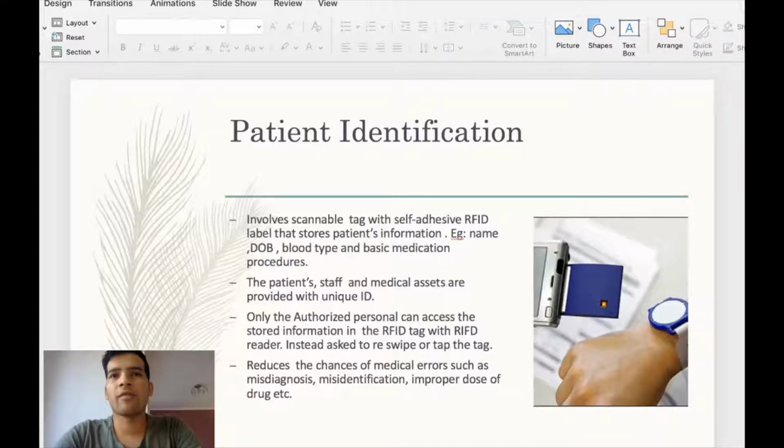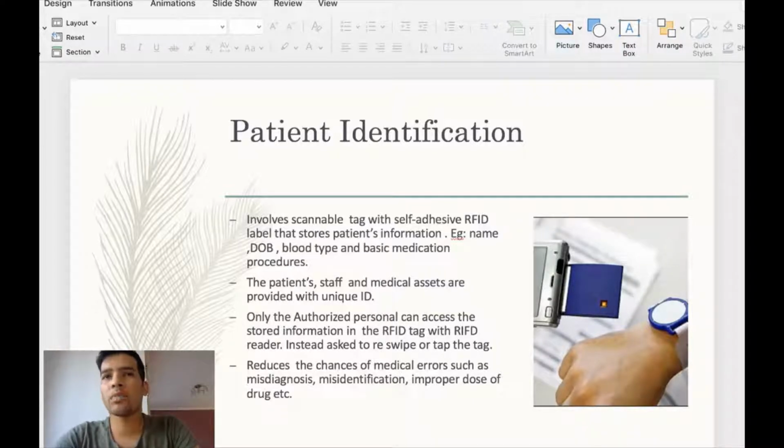Several RFID-based technologies have been introduced for patient identification, and it involves scanning a tag with a self-adhesive RFID label that stores patient information, for example, name, date of birth, blood type, and basic medical procedure information, and they are all linked with a unique identification.